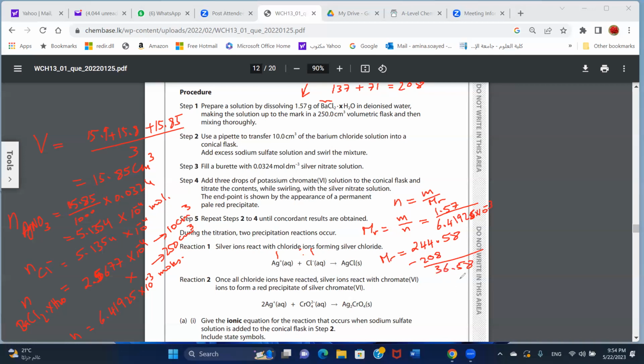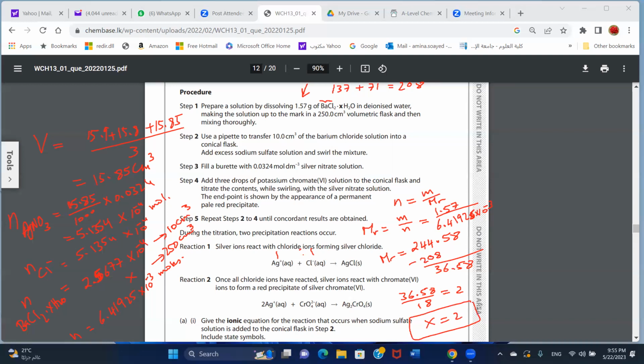Okay, so this is the mass of water. So what are we going to do to get X? Divide by 18. Yes, excellent. So 36.58 divided by 18, we get 2.0, so we say that X equals 2. Excellent, Iman. Excellent, Alish, and excellent, Mavi.